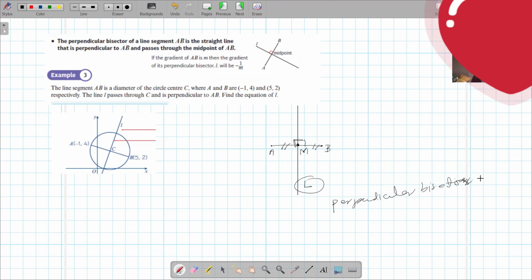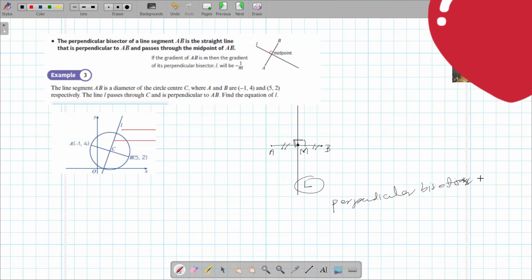All right. So let's see in this example three, the line segment AB is the diameter of the circle with center C, where A and B are minus 1, comma 4 and 5, comma 2 respectively.